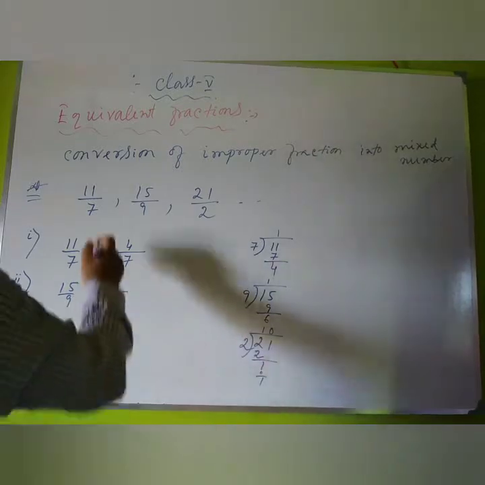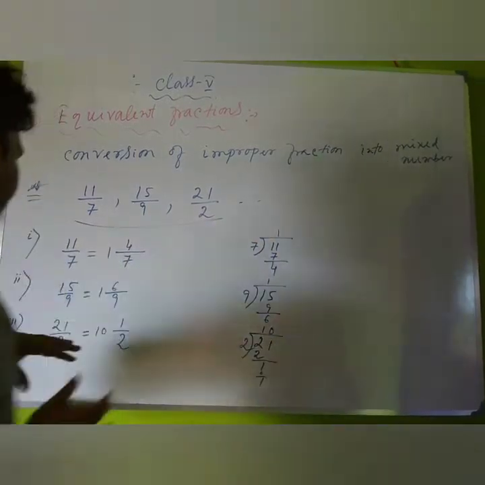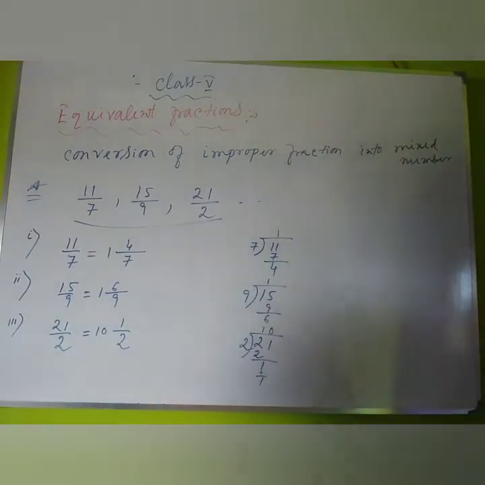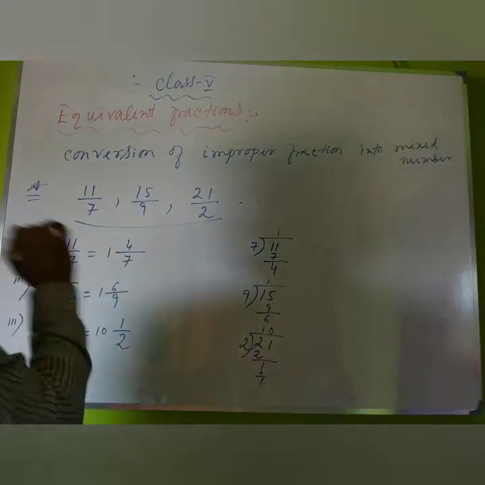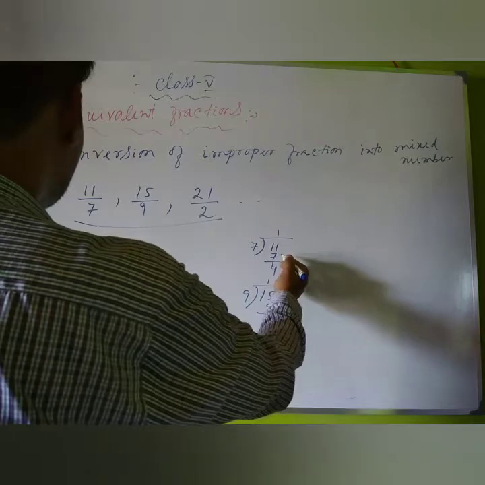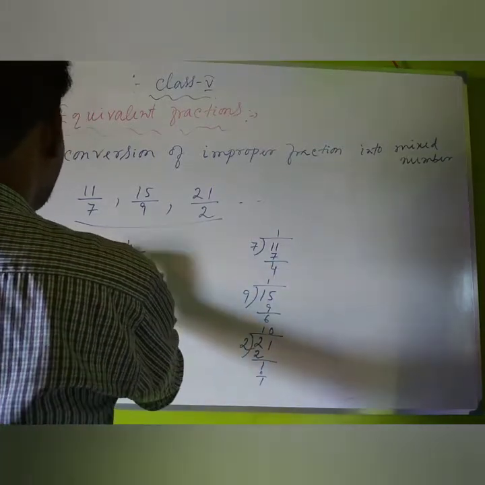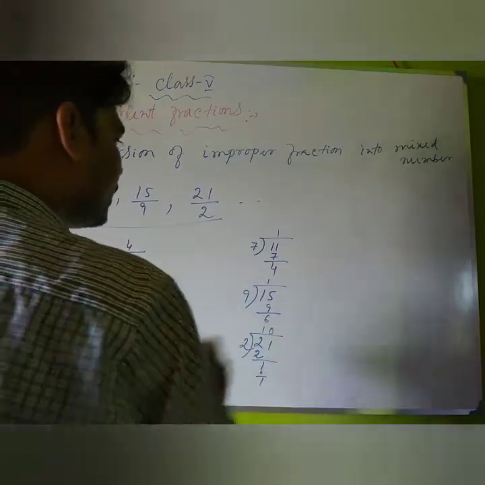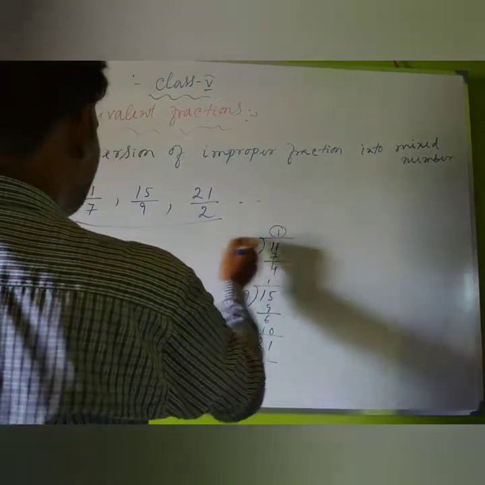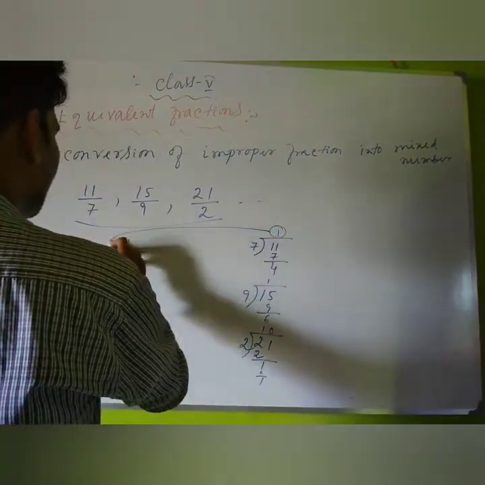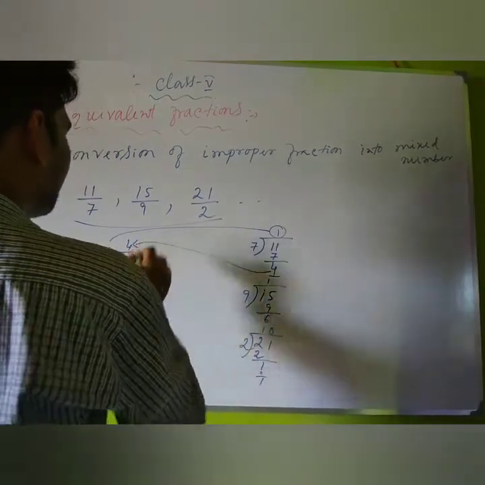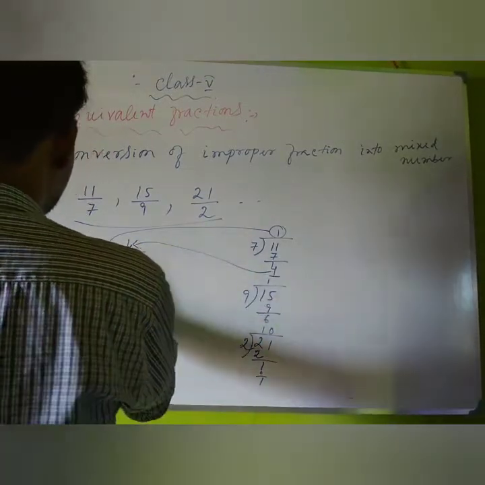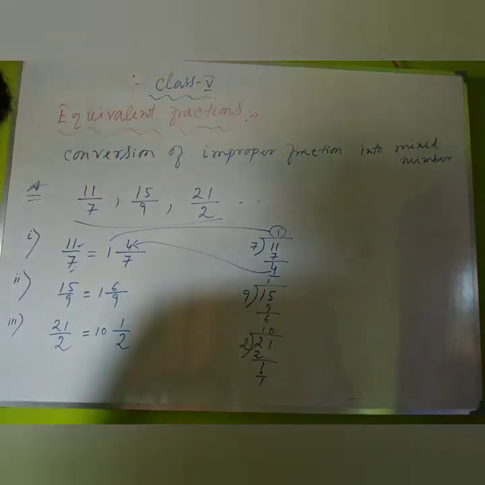So these three improper fractions are written in the form of mixed numbers in this way. Simply you have to divide the numerator by the denominator. The quotient is written as the whole number and the remainder is written in the numerator, and the denominator will be the same. Okay, I hope all of you understood this.